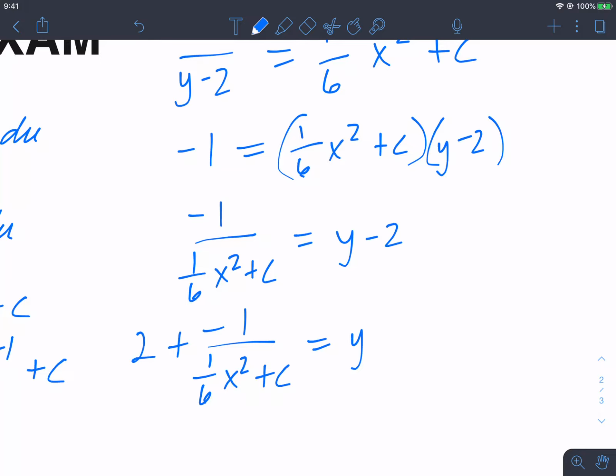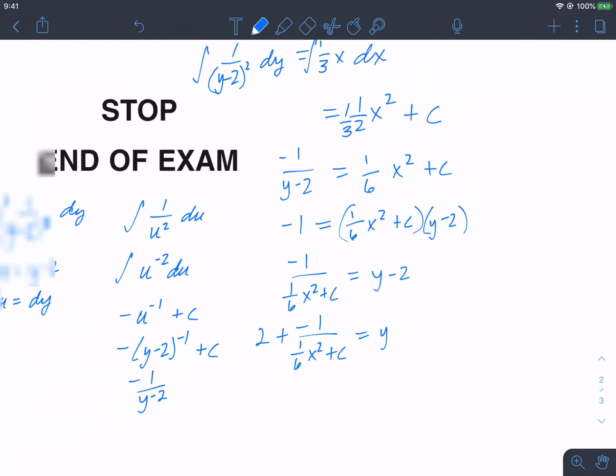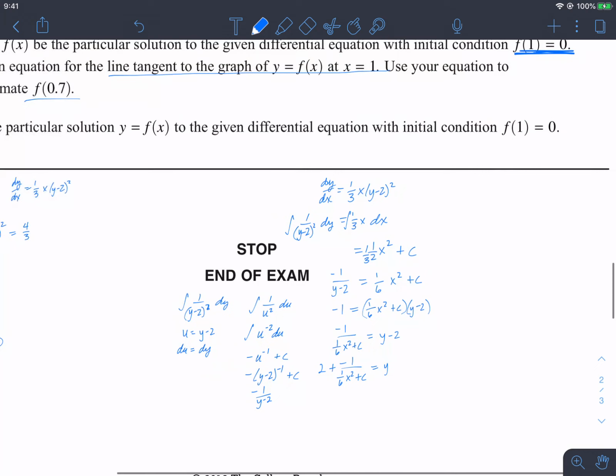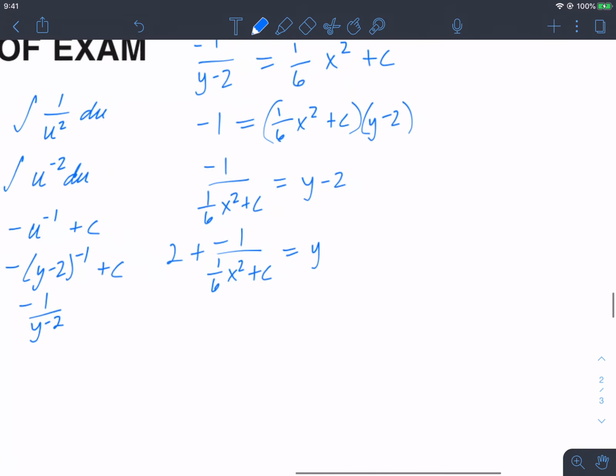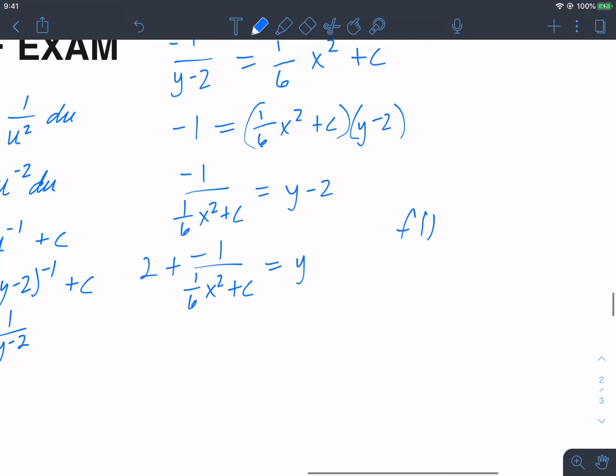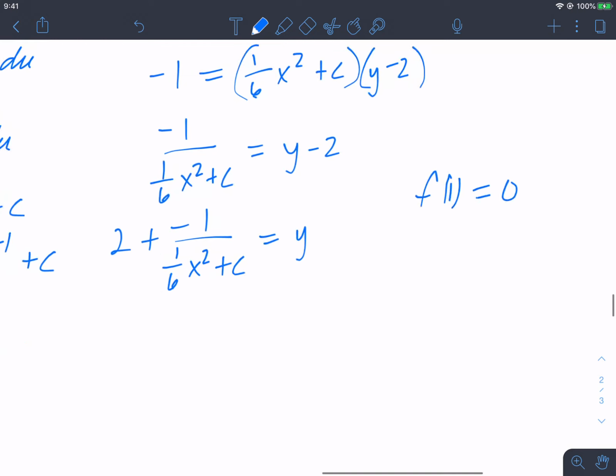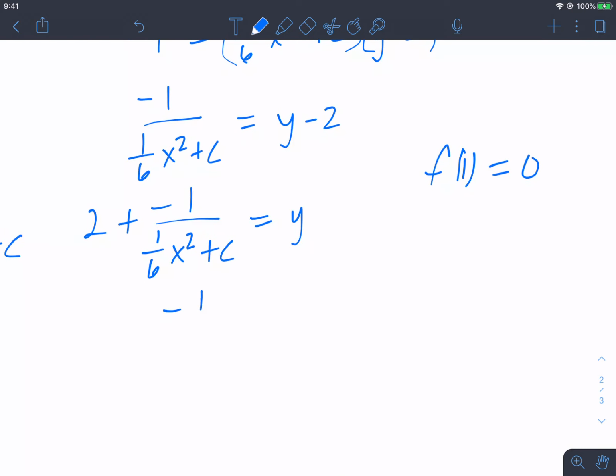Then what I need to do is use the initial condition. That initial condition was that f of 1 is equal to 0. So when x is 1, y is 0. I need to solve this equation now for c.